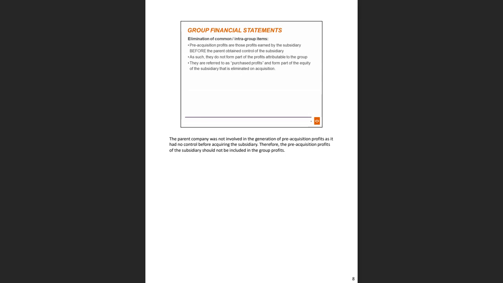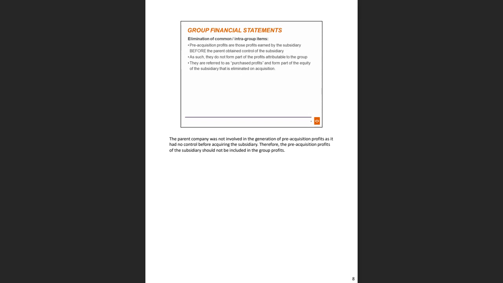The pre-acquisition profits were earned before the subsidiary was purchased by the parent. Therefore, this will be eliminated on acquisition. And then the post-acquisition profits are profits that will need to be split between the parent and the NCI, and between the current year and the period from acquisition date to the beginning of the current year.